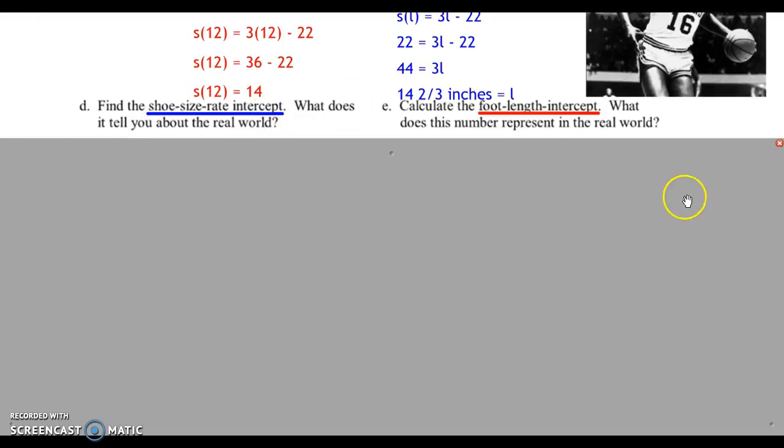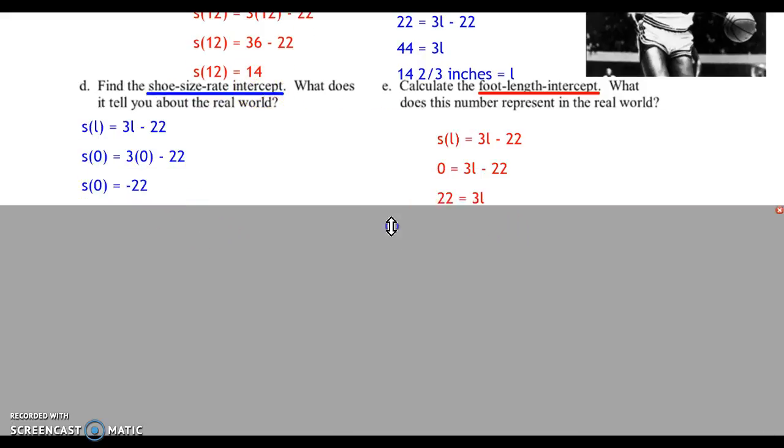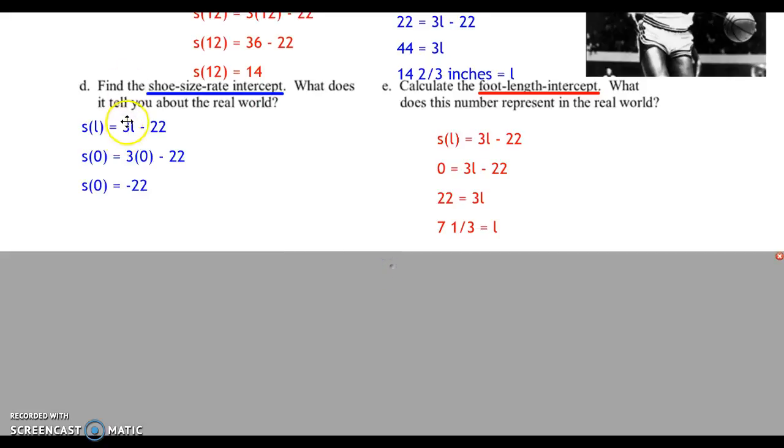All right, notice I annotated the problems. It asks for the shoe size rate intercept and the foot length intercept. Shoe size rate, that is our output value. So we're looking at the y-intercept. Well, you know the y-intercept is where x equals 0. So we substituted x, or in this case L, with 0, and we got S of 0 is equal to negative 22. What does that mean in the real world?